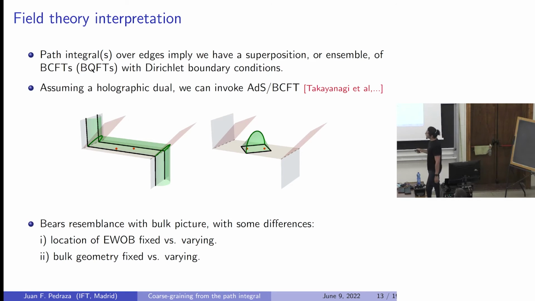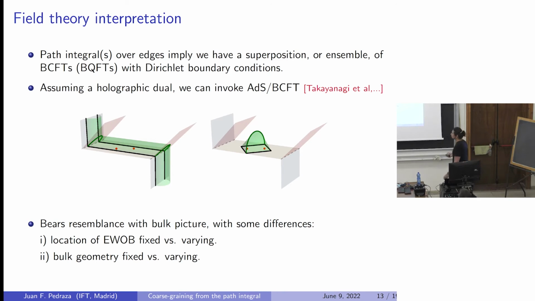And what I wanted to point out is that even though this bears some resemblance with what I told you about from the bulk perspective, there are some differences. First, notice that with this extra path integral that we have, as I said, an ensemble of BCFTs, that means that using what we know about this dictionary, going from the boundary to the bulk, the location of these end of the world branes is not really fixed, but varying.